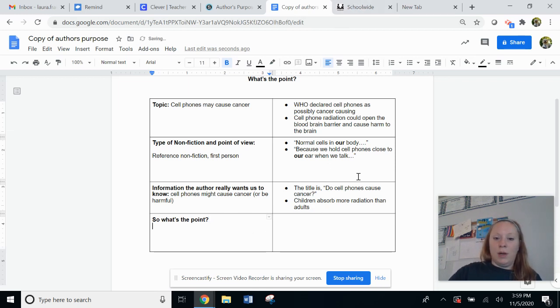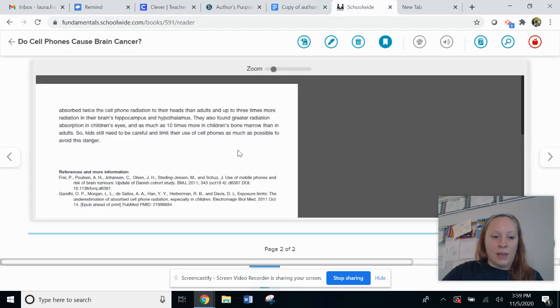So what would be their purpose for writing this? Let's look at the conclusion. They also found greater radiation absorption in children's eyes and as much as 10 times more in children's bone marrow than in adults. So kids still need to be careful and limit their use of cell phones as much as possible to avoid this danger.